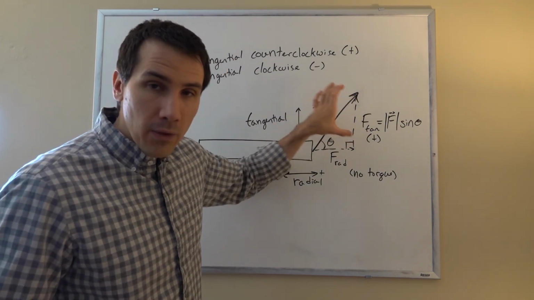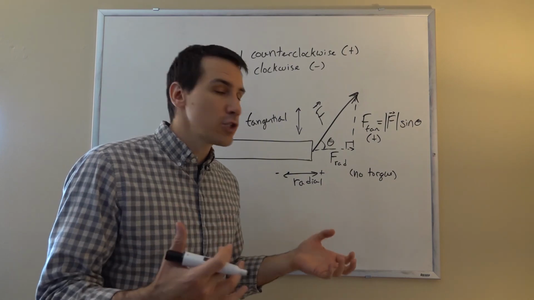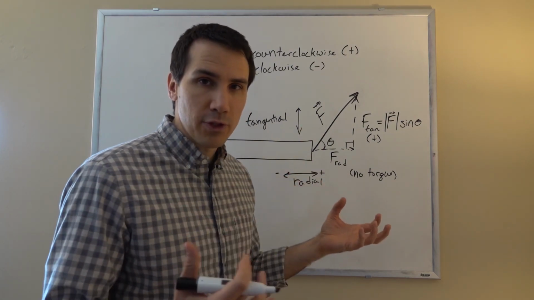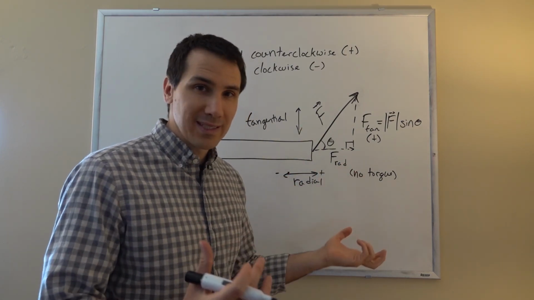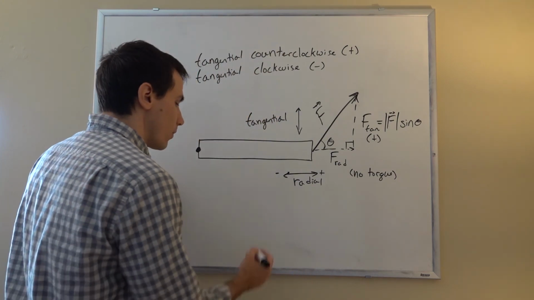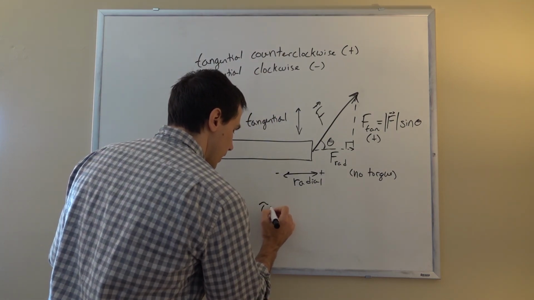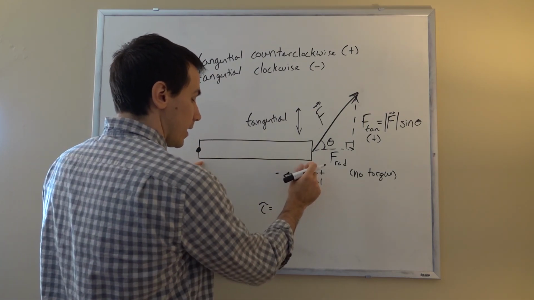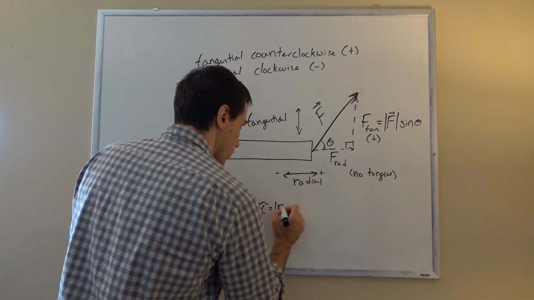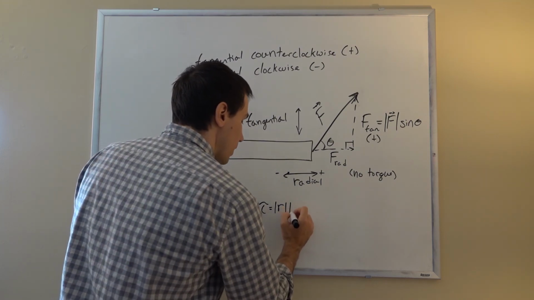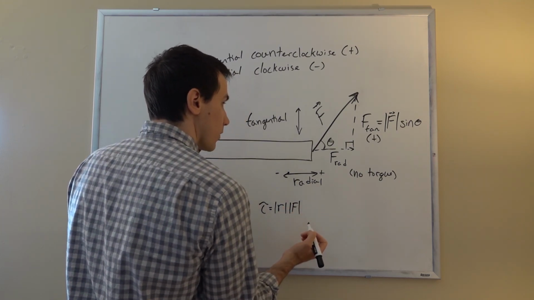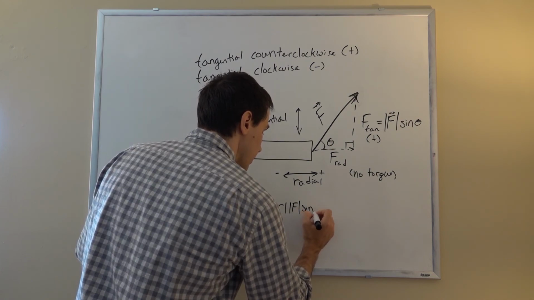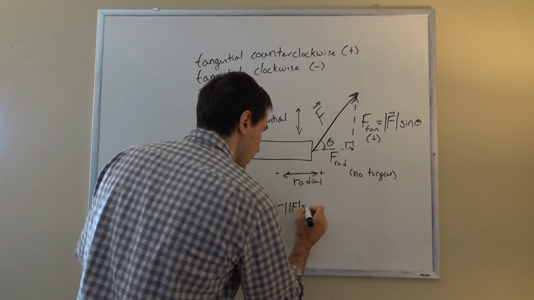This is the component of my force that actually gives me the torque. My radial component does not help. So I can finally write down that my torque should be given by how far away I am, my radius, multiplied by the magnitude of my force, multiplied by the sine of theta.